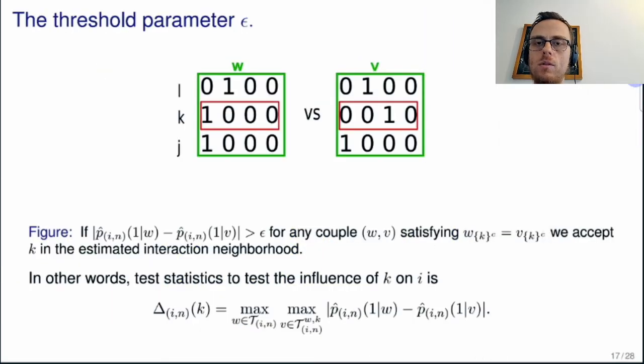Now, note that there is a very simple way of measuring the influence of neuron k on neuron i. This can be done as follows.